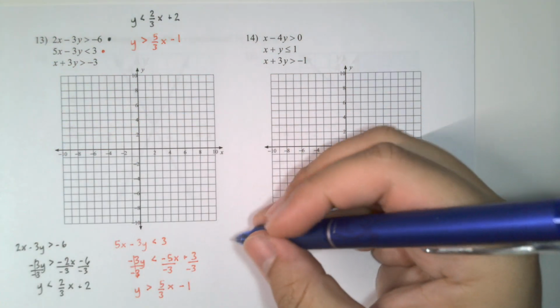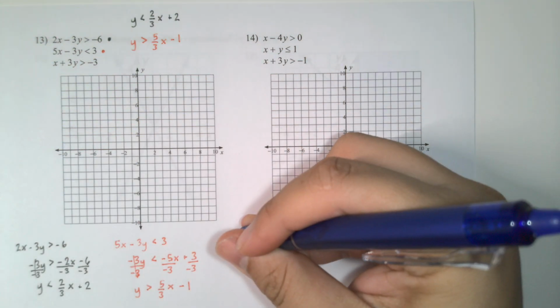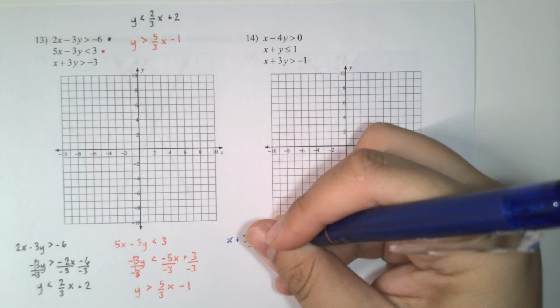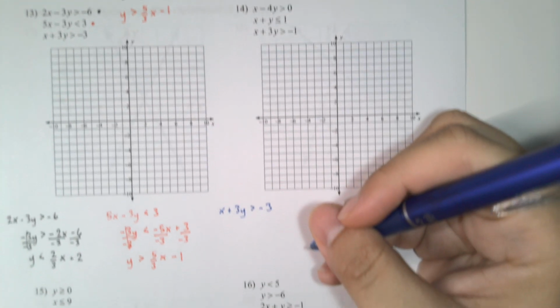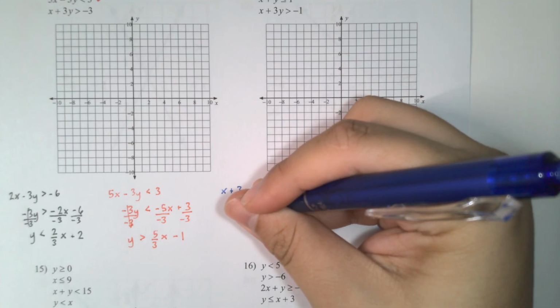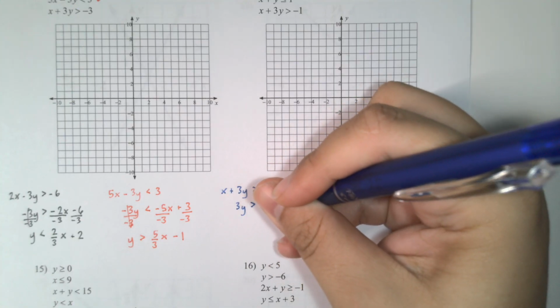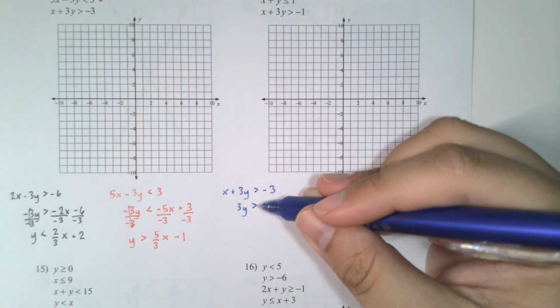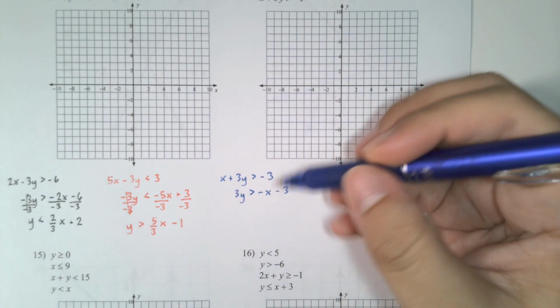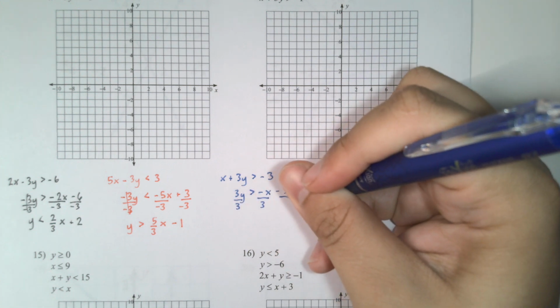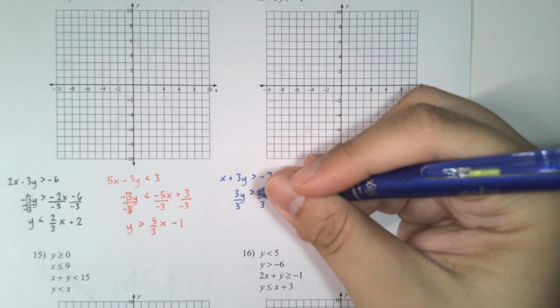And the last inequality that we have here is x plus 3y greater than negative 3. And if we try to get the y by itself, we'll have 3y greater than negative x minus 3. So we just subtracted x from both sides. And now we're going to divide by 3. Now, because we're dividing by a positive 3 this time, we don't have to worry about flipping the sign here.